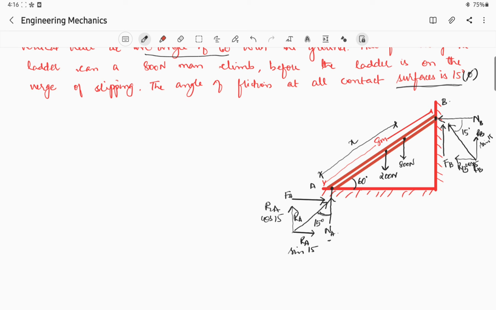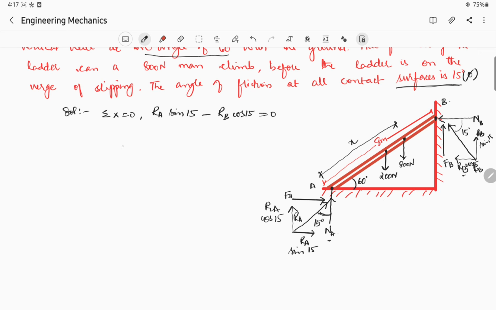Next, we'll take sigma x is equal to 0 and sigma y is equal to 0. First, sigma x is equal to 0. Here we consider only the resultants. RA sin 15 minus RB cos 15 is equal to 0.